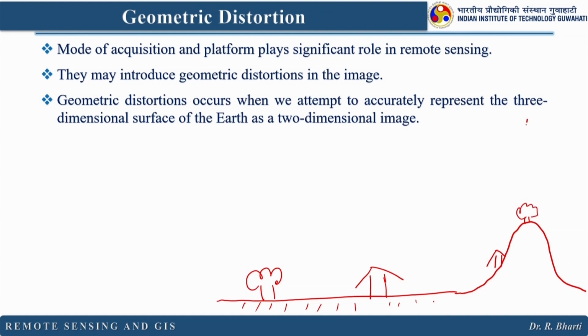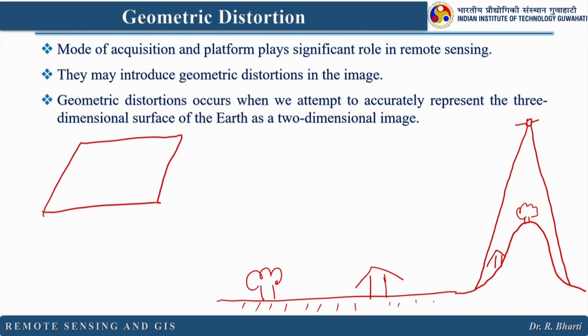If your sensor is here, and it is capturing this particular area with a particular field of view, what will happen? Your image will look like this, right.